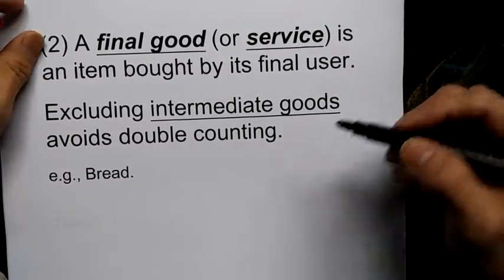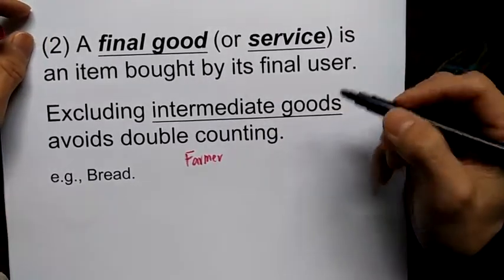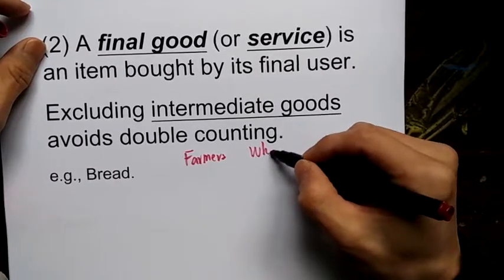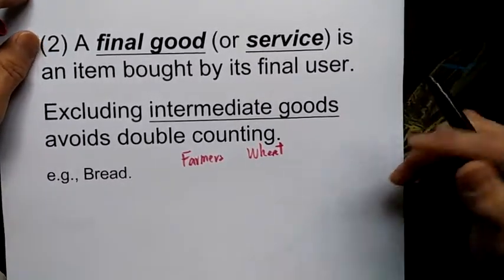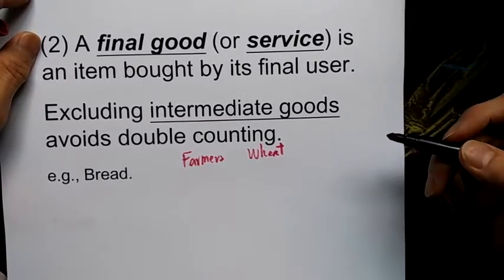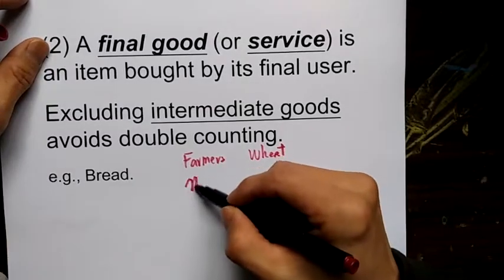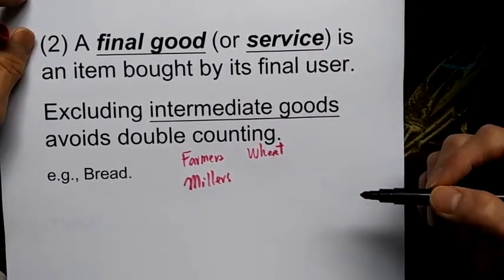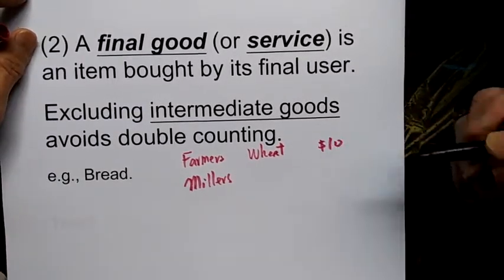Say, for example, farmers grow wheat, and then sell it to the millers for $10.